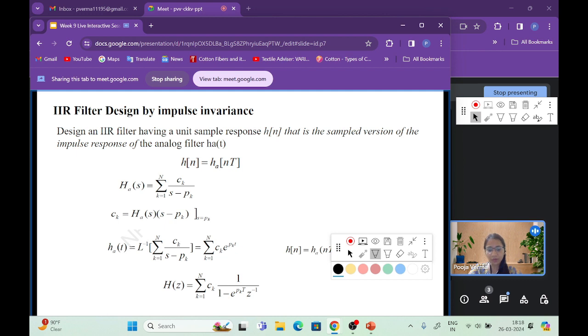Then from there we convert to the digital domain, that is H(z) = summation k equals 1 to N of ck / (1 − e^(pk T) z^-1), where ck is a constant coefficient. So in IIR filter design we have to convert analog to digital domain in order to process any signal.